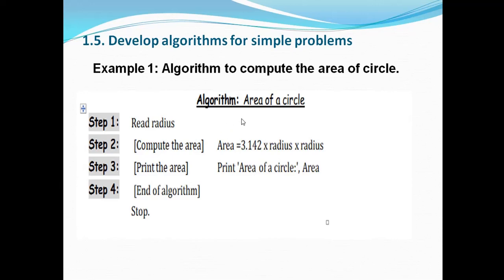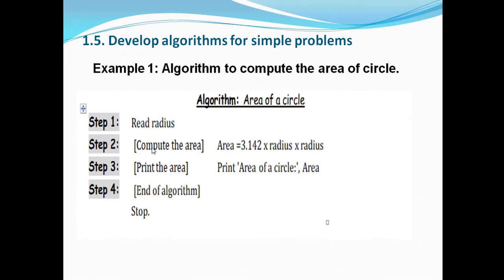So let us see the first step. The first step tells read radius. To find the area of the circle, we have to define the value of the radius. So that value is to be read. By knowing the radius value only, we can calculate the area of the circle.